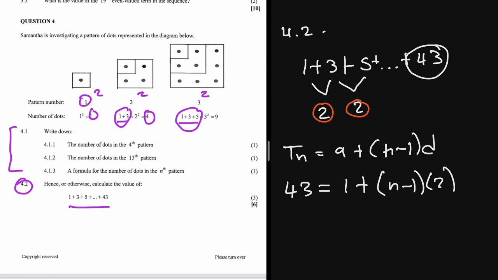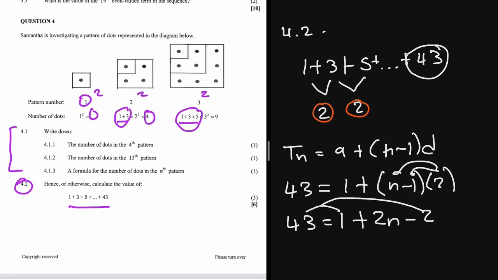So if we simplify this out, we should get the value of n. We're going to get 43 here. Then we have 1 plus, remember it's going to be 2 multiplied by n, 2 multiplied by negative 1. So this will be 2n minus 2. Now we can move 1 to the other side and negative 2 to the other side.